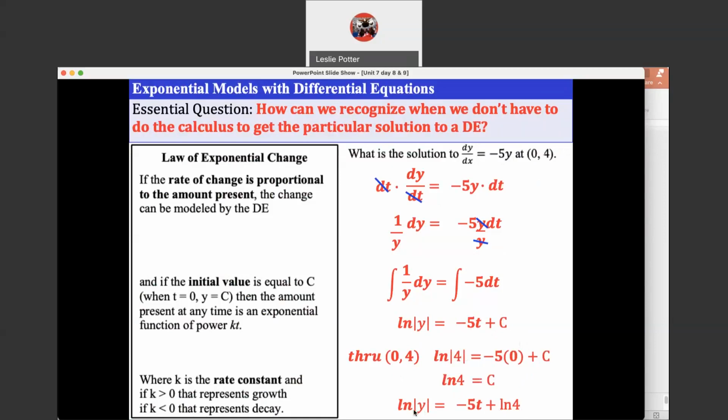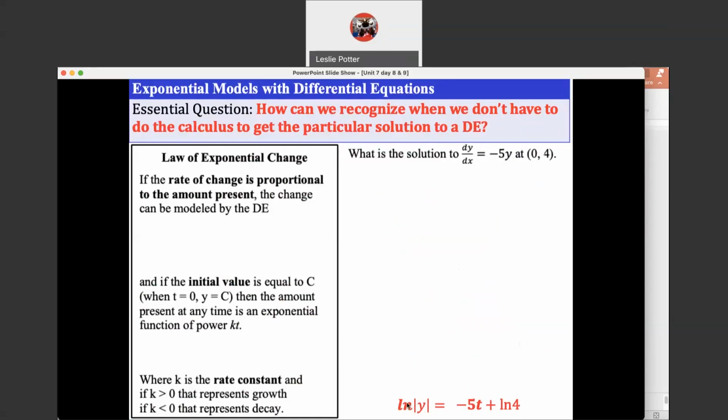Now to solve for y, we know we need to exponentiate both sides. So I'm going to change screens here. We're going to go ahead and exponentiate both sides. And then we know the left-hand side is just the absolute value of y. And the right-hand side we can rewrite as e to the -5t times e to the natural log 4.